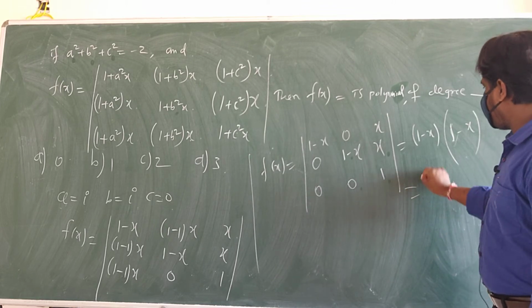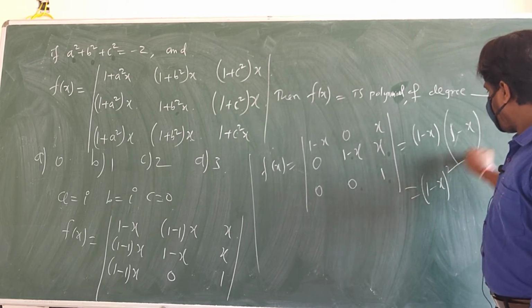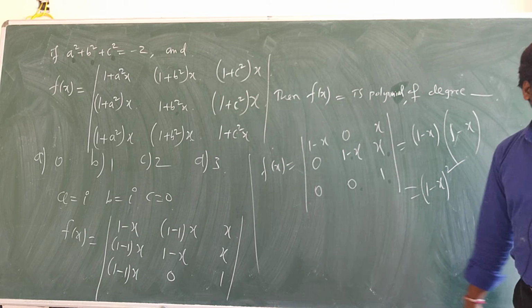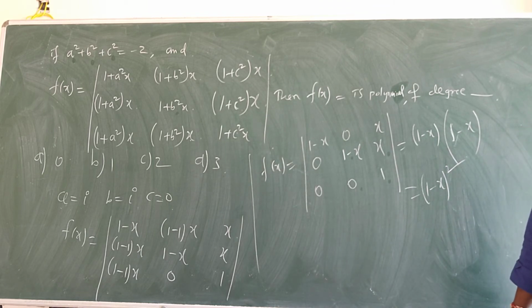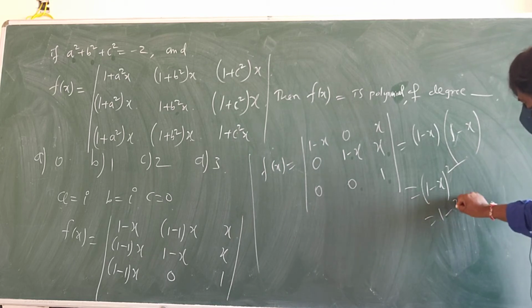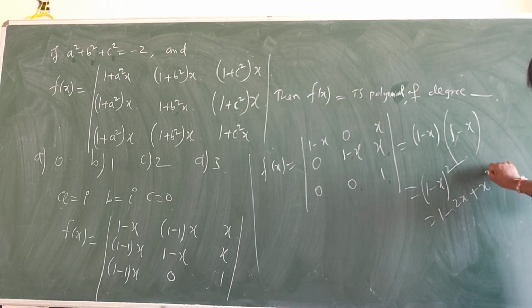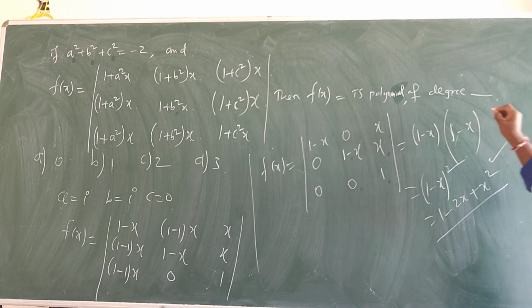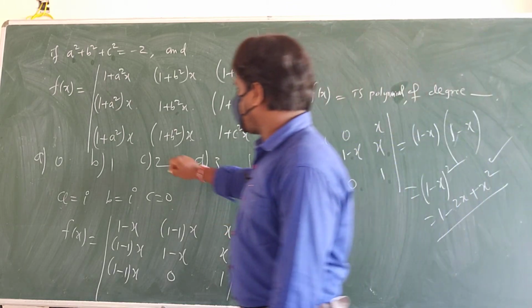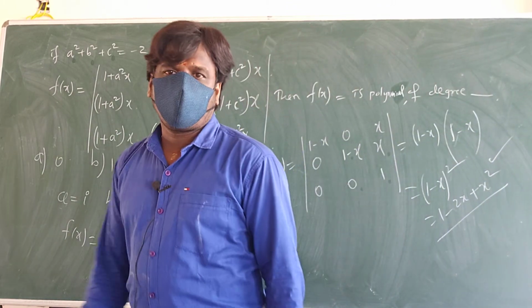So 1 minus x into 1 minus x is 1 minus x whole square, a polynomial of degree 2, so 1 minus 2x plus x square. So degree is 2, so C is the right answer. Right?